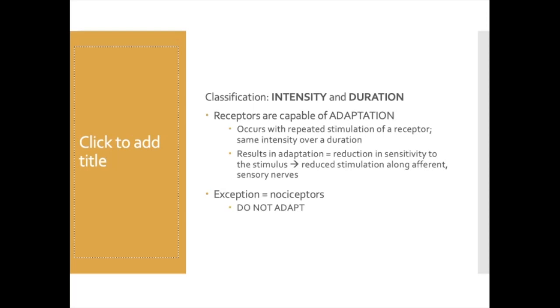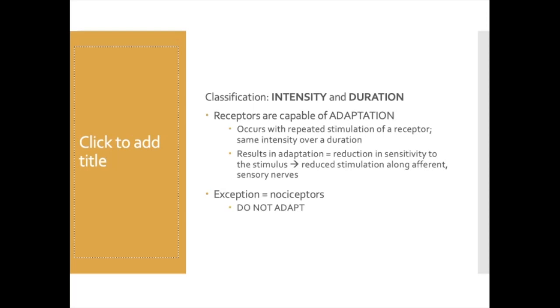The clothing is still touching your body. The receptors are still receiving the information about touch, but they are not transmitting that information at the same intensity and for the same duration. And that's because the brain doesn't need to respond to that kind of touch across time. There are more important things for the brain to be paying attention to.